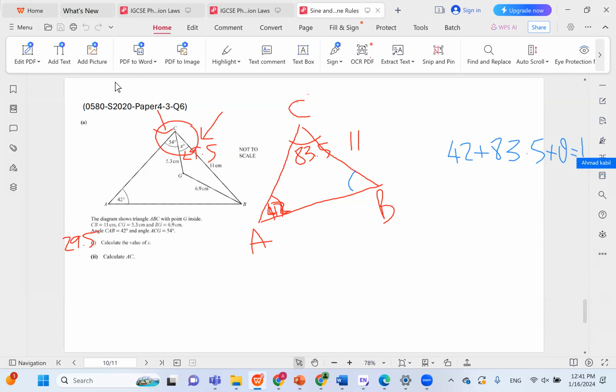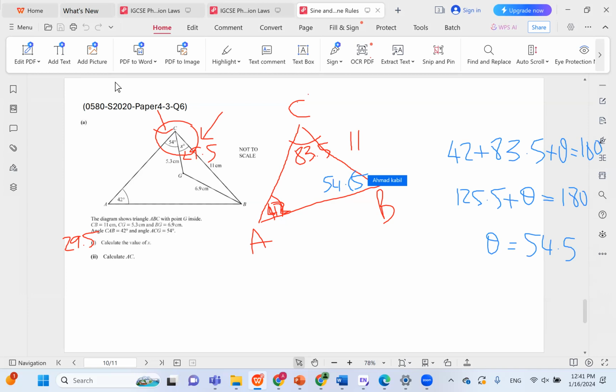We can just add 42 and 83.5. So 125.5 plus theta equals 180. And then you subtract. So theta is equal to 54.5.